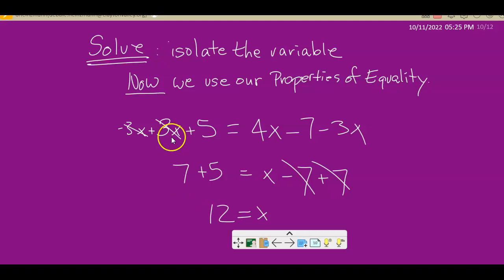And if you went back into this original equation and you plugged in 12 for x, when you distributed the multiplication, 3 times 12 plus 5, it would have equaled the same thing as 4 times 12 minus 7. It would have gotten a true statement.